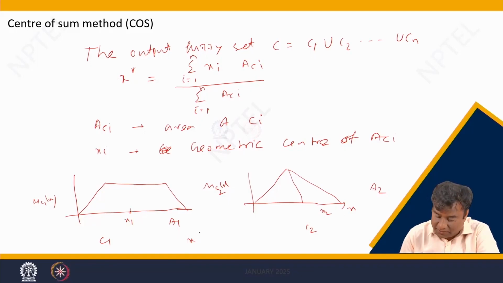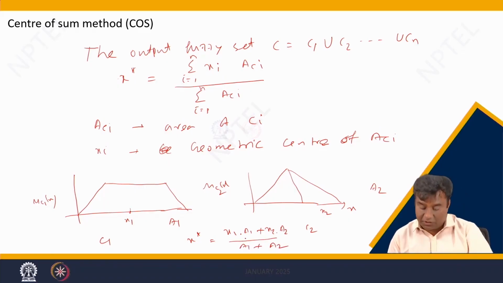So here x star is simply (x1 into A1 plus x2 into A2) by (A1 plus A2). So this is the center of sum method.